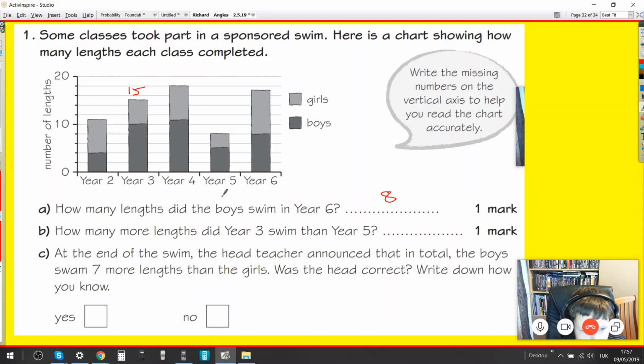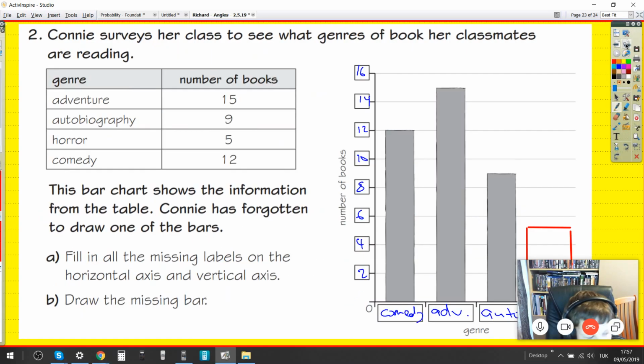And year 5 swam in total 8 lengths. And so 15 take away 8 would be 7. Well done. And I think you're good for that.